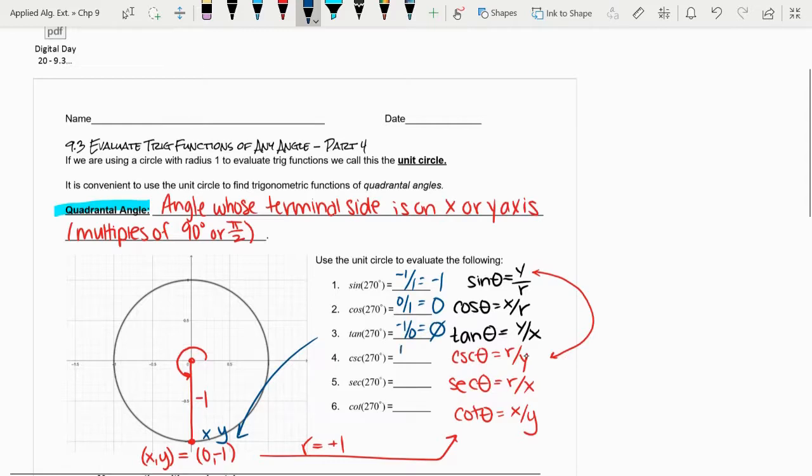Cosecant, r is 1 over y, -1. That simplifies to -1. And I'll continue going down the list, just not talking about every one. So these would be all of our answers for the trig functions of 270.